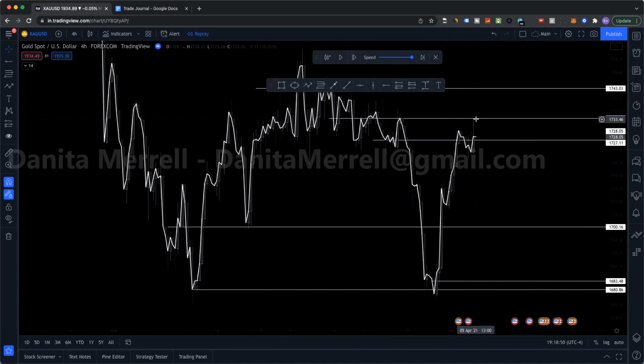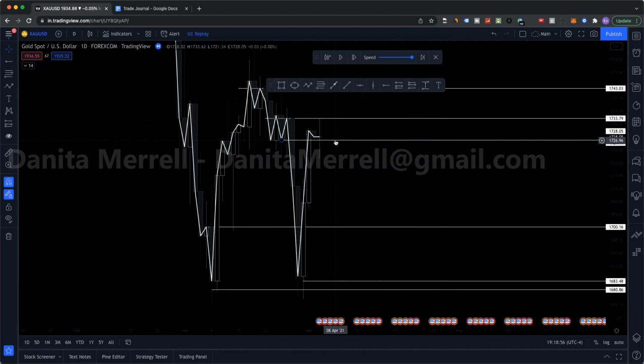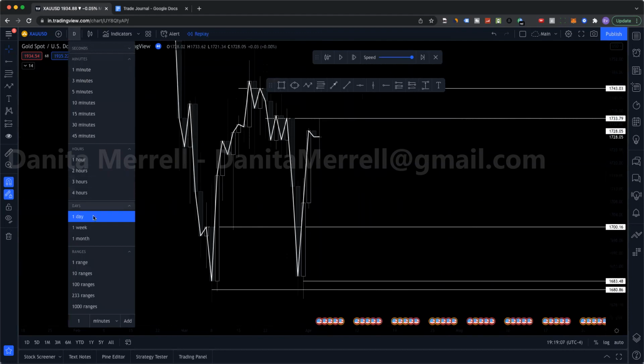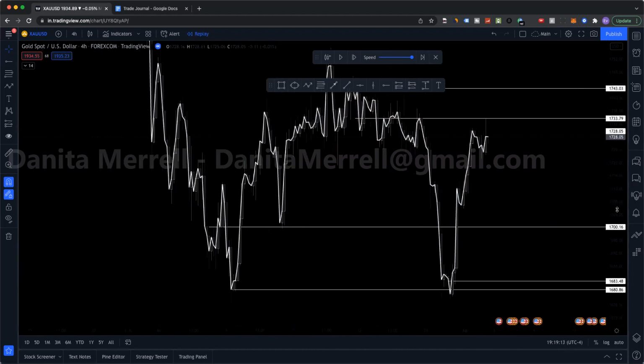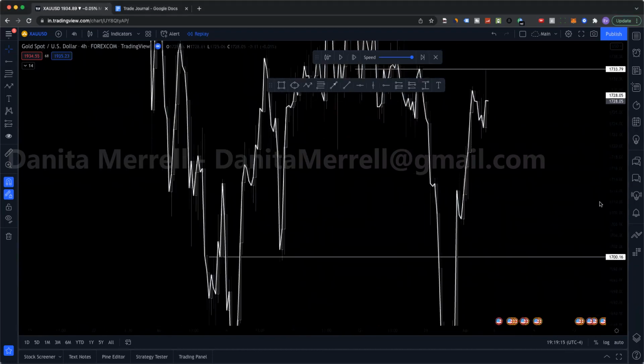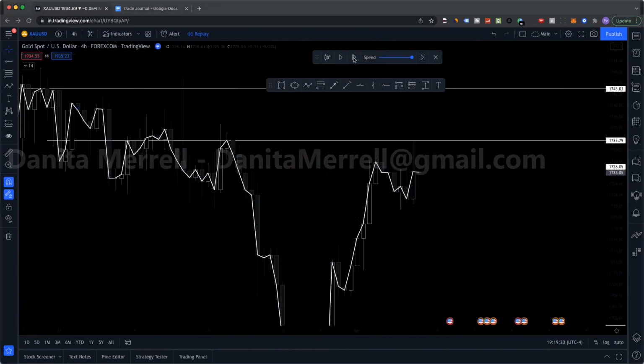Okay, so now we've tapped in perfectly to this level on the daily chart, 1 day. Okay, so daily is tapping into daily resistance right here. Okay, we see this push. So we've got to observe on H4. Okay, what is H4 doing?